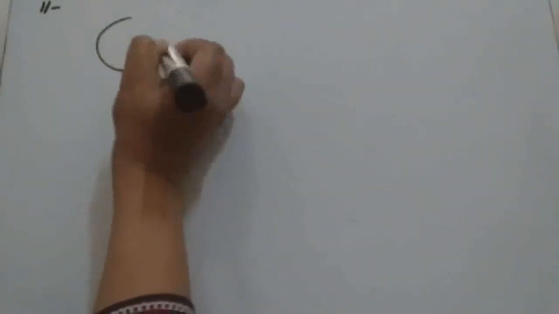Question number 11 is prove that the parallelogram circumscribing a circle is a rhombus. Parallelogram circumscribing a circle, that means the circle is inside the parallelogram.